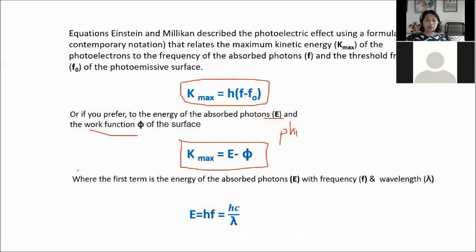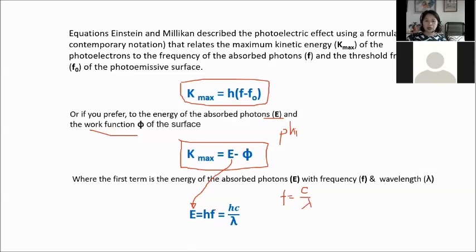PHI. So the first term, the energy of the absorbed photons, is equal to H times F, where H again is Planck's constant and F is the frequency. And I recall that frequency is equal to C over lambda from our last topic discussion.